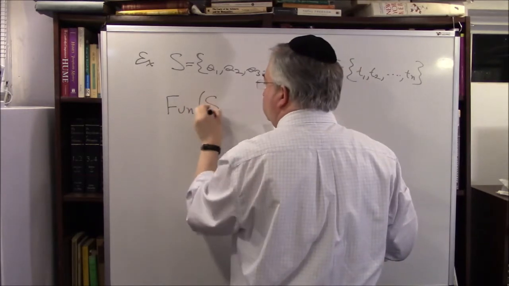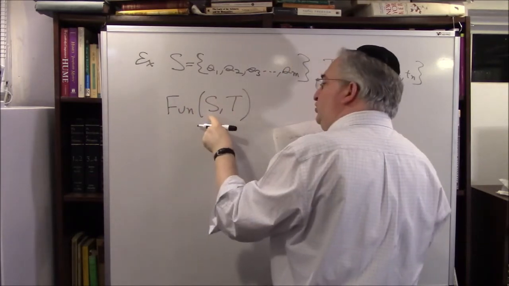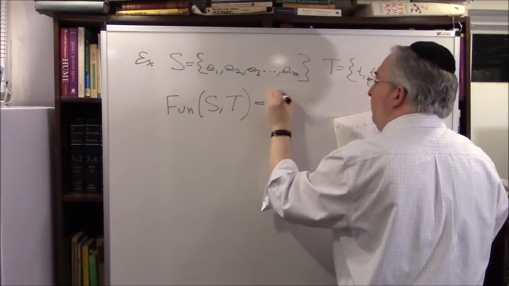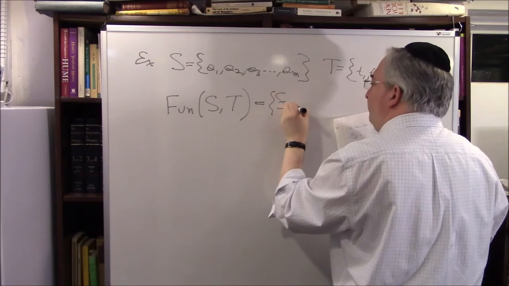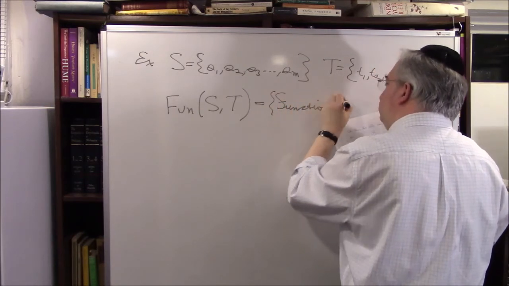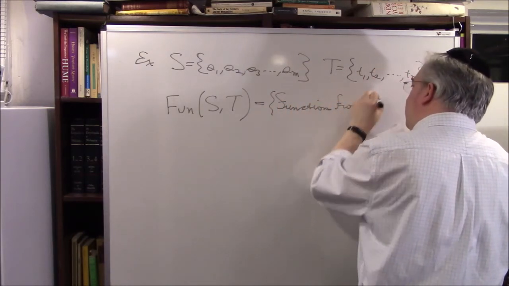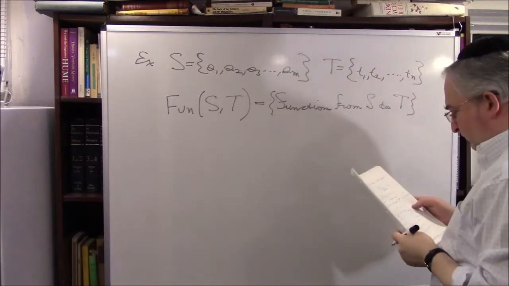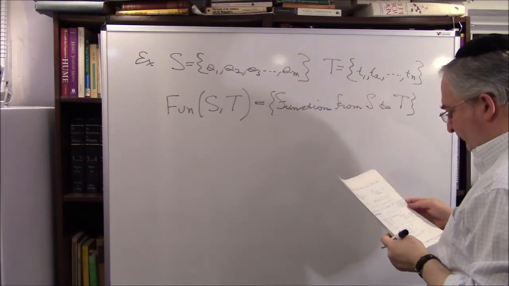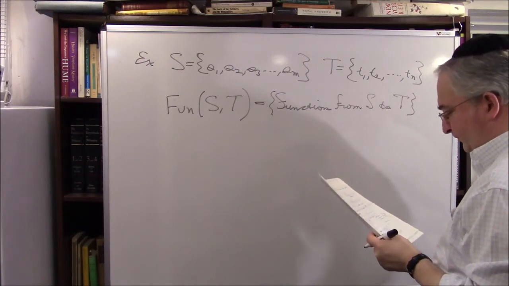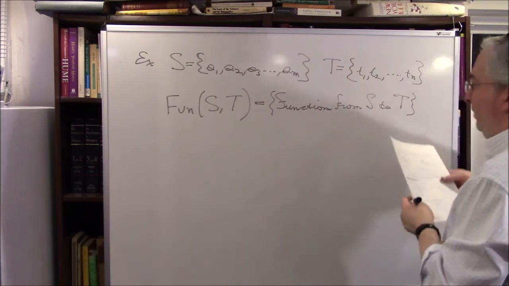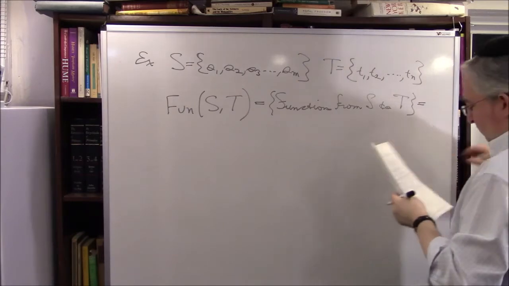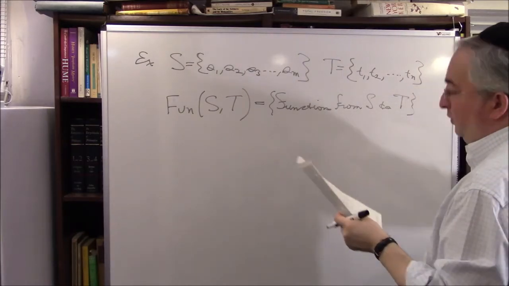How many functions from S to T? I'm going to write this a few different ways. So we can write this as the set of functions from S to T. I'm going to write it another way later.